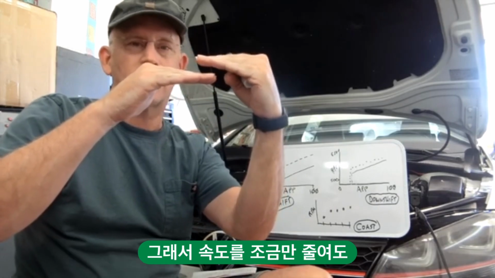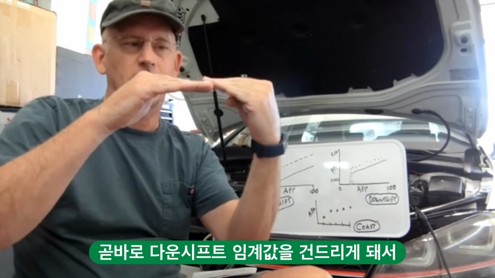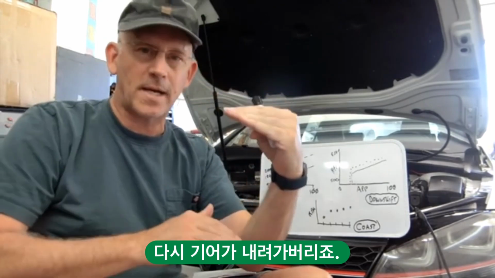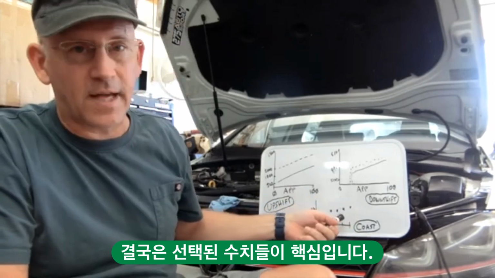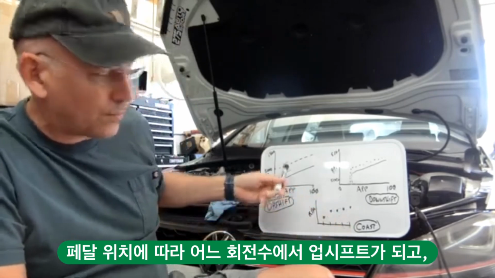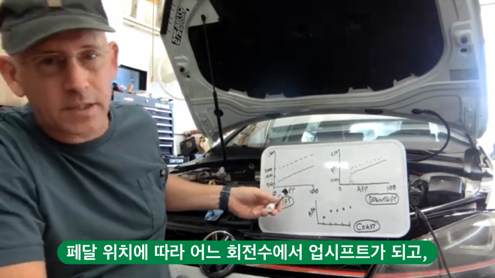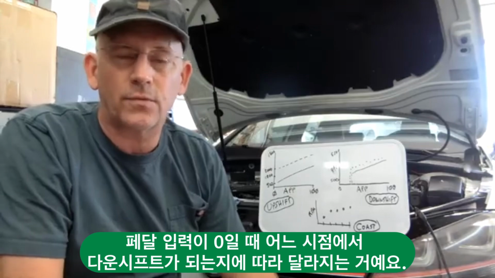And so if you slow down at all from when you've arrived, you now trip the downshift. Now you're back down here, and that's when they're talking about gear hunting. It all comes down to the values that are selected for pedal position, what engine speed to upshift at, and then when to downshift when you've got zero pedal input.